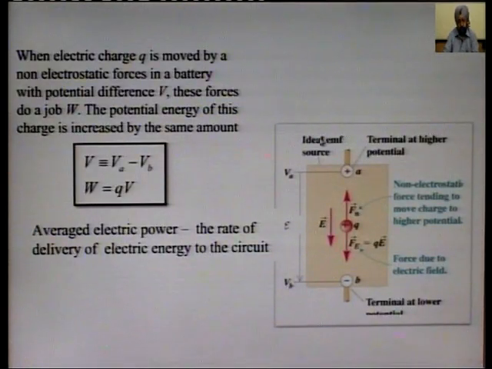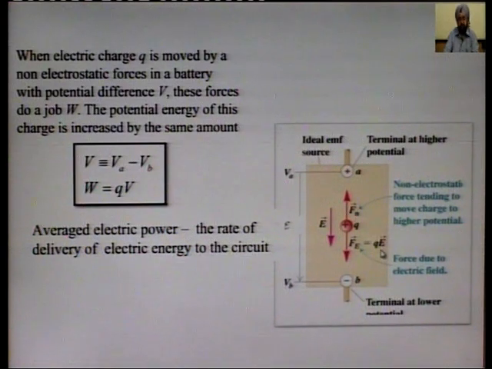Now, this is an ideal EMF source. One terminal is at higher potential, the other terminal is at lower potential. When you apply the battery, electric field has been set up. So, if this is a positive charge, it will experience a force Q into E, because electric field is force per unit charge.